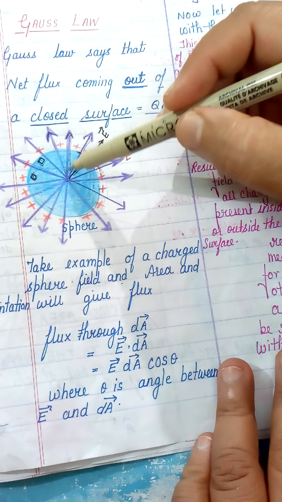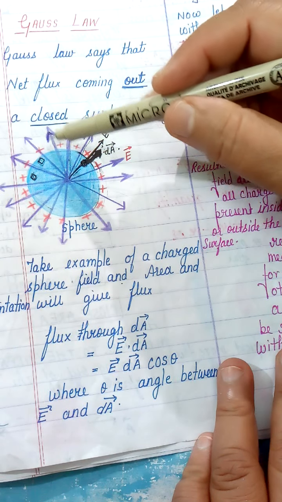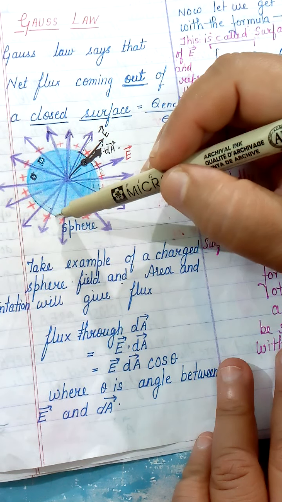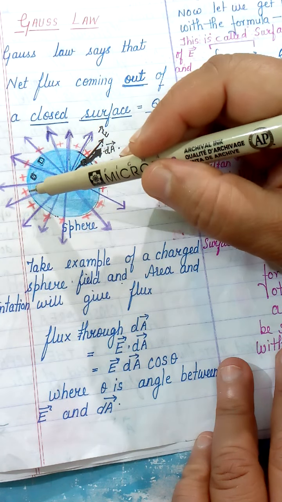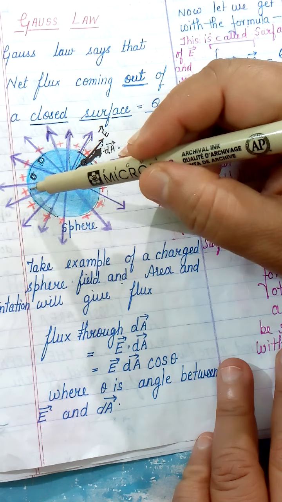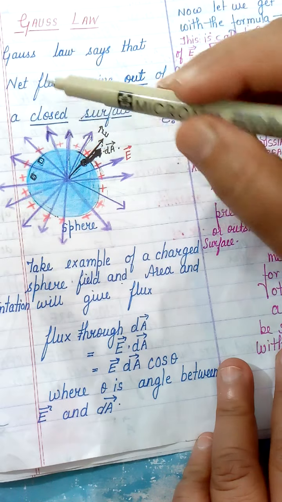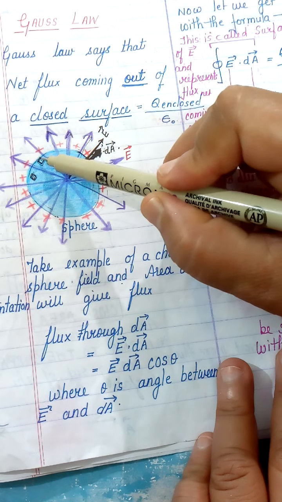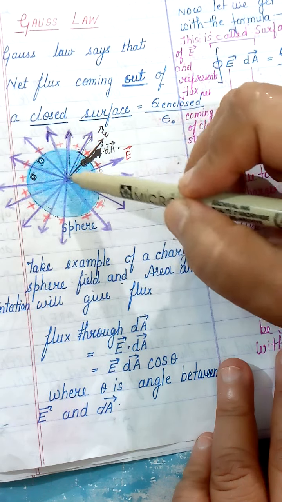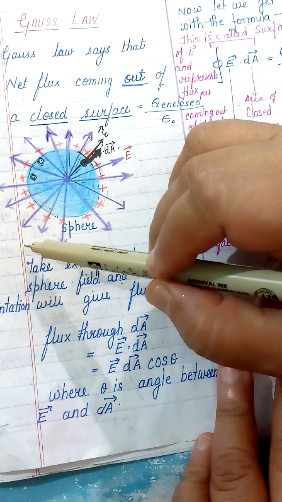Why? Because the electric field is radially outward. It is uniform, meaning the magnitude of the electric field is the same at the surface. It is radially outward, but at different area elements, the direction of the field is changing.